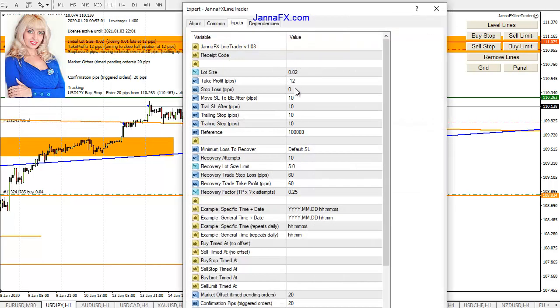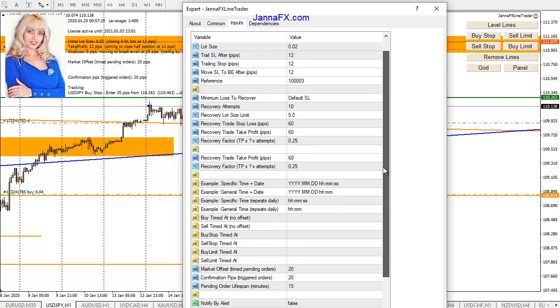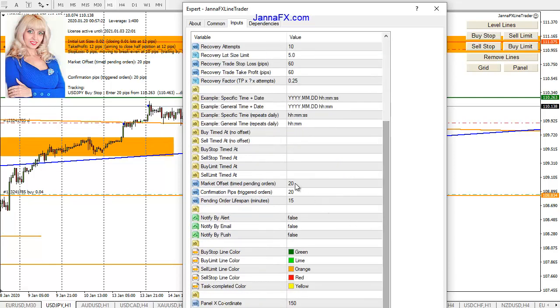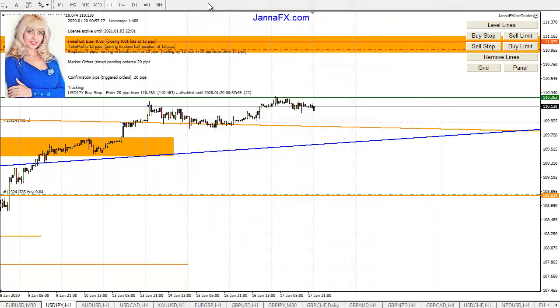Not gonna use a stop, lot size, take profit half positions, and I'm gonna change this move to break even and trailing stop in, trail in 10, and I have pending orders 20 pips away from the level.